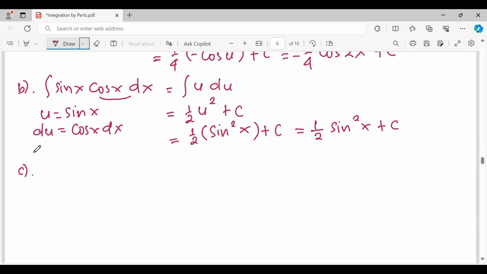Next, by integration by parts. Okay. u equals sine x, so derivative u equals cosine x.